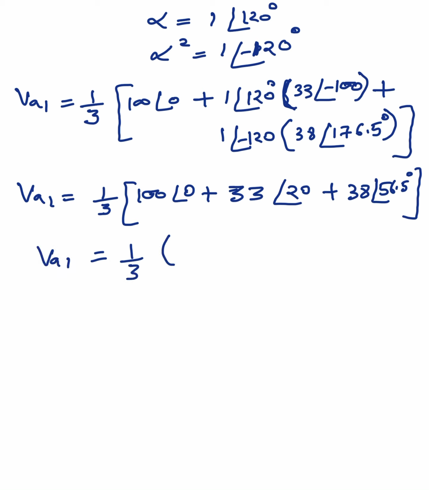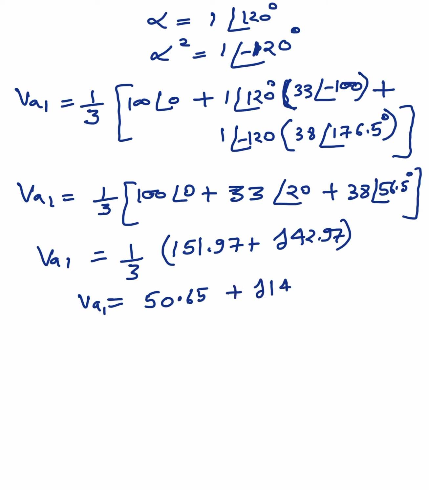When you add all this and write it in rectangular form, it is 151.97 plus j 42.97, all upon 3. So VA1 is 50.65 plus j 14.32. You can calculate this through a scientific calculator. That is the positive sequence component.